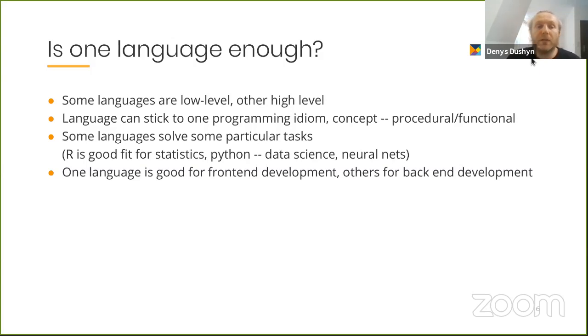We know also that one language is good for front-end development, where on backend, we usually use another bunch of languages that is specific for server-side processing and provides more capabilities and features.